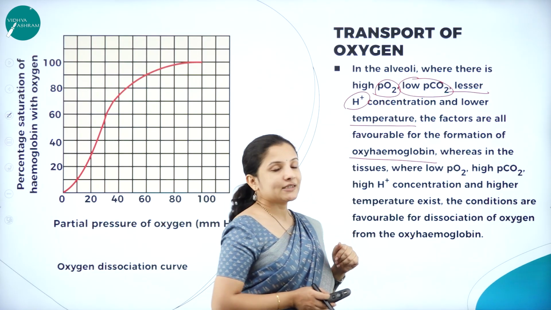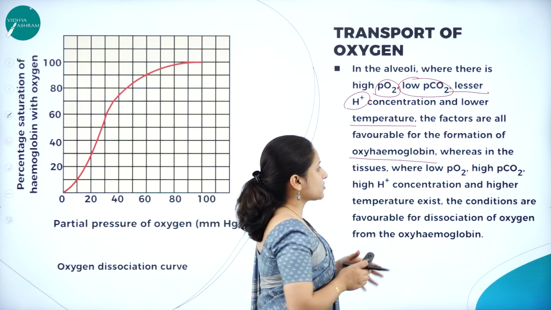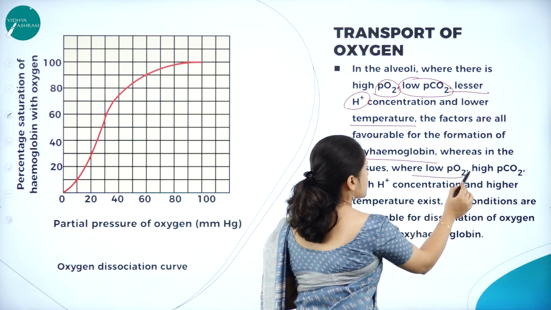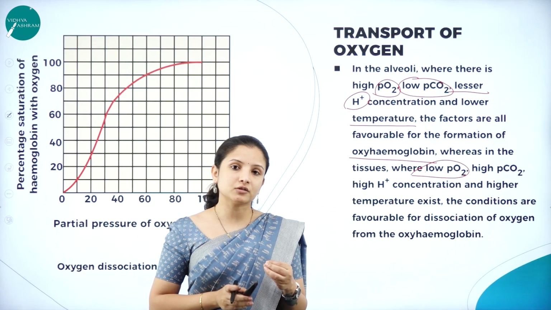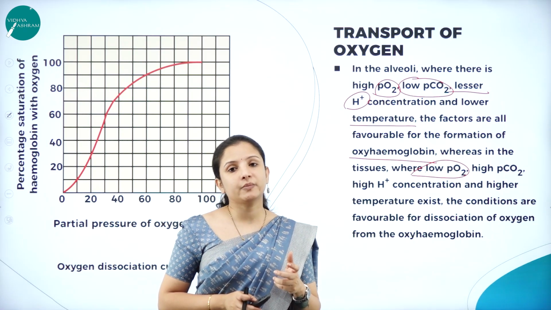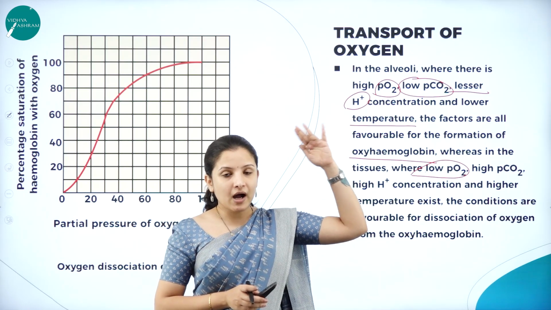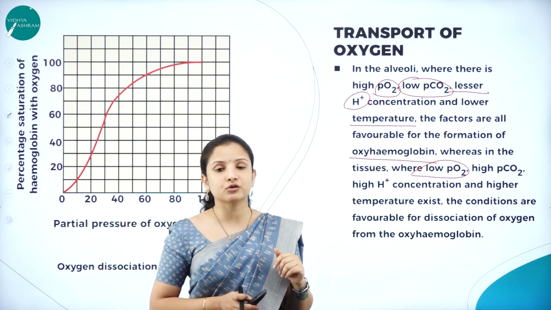Now talking about the tissues. In tissues, the concentration of oxygen will be low. That is true, right? Because if the partial pressure of oxygen in the tissues is low, then a pressure gradient will be created. Therefore, from a higher partial pressure, that is from the alveoli, the oxygen will diffuse into the tissue.